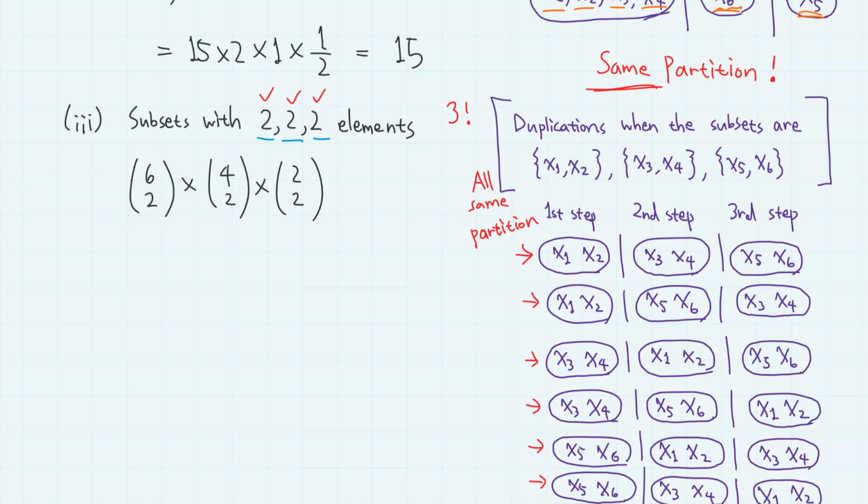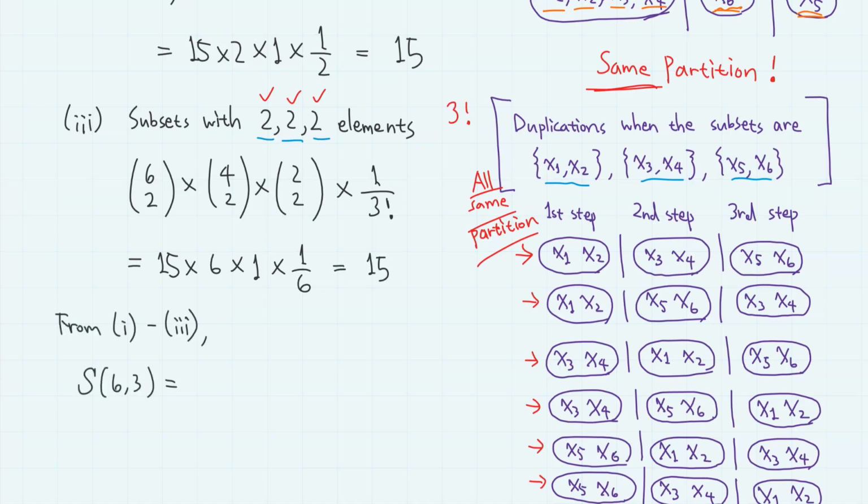This is the example of duplication when the subsets are x1, x2, x3, x4, and x5, x6. And these 6 are all same partition. Therefore, we have to divide it by 3 factorial. So we have 15 times 6 times 1 times 1/6, which is 15. Therefore, the total number of partitions S(6, 3) is 60 plus 15 plus 15, which is 90.